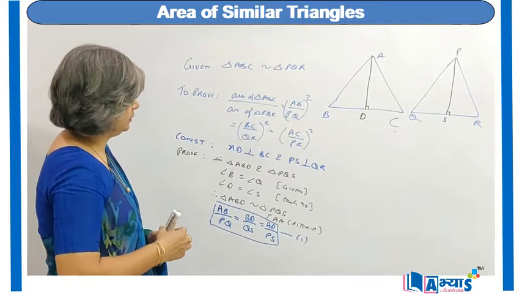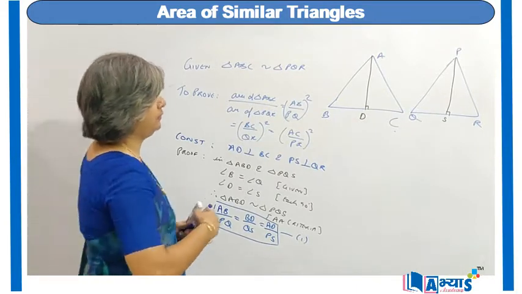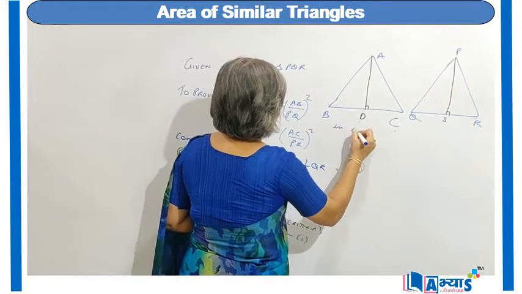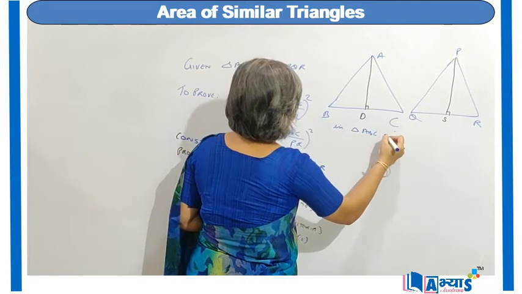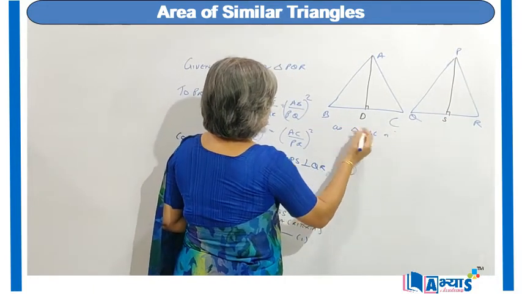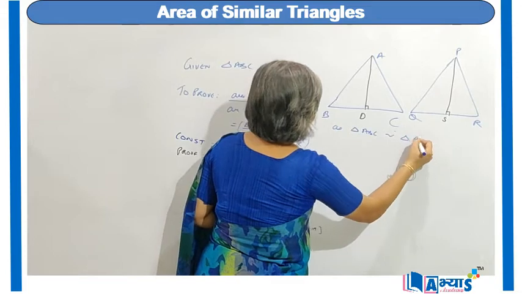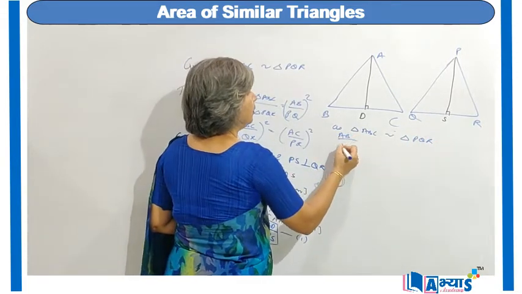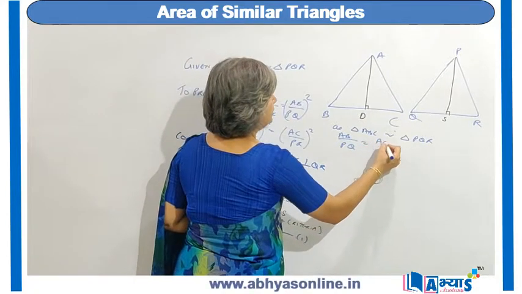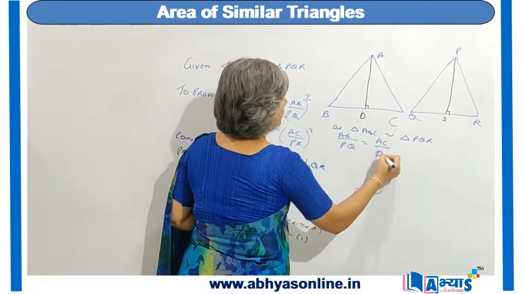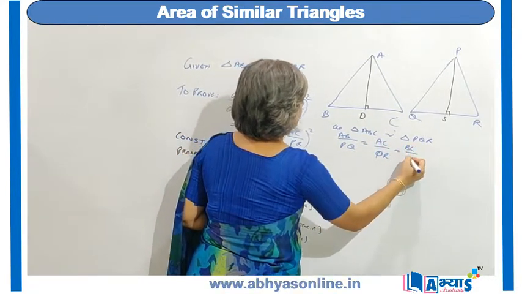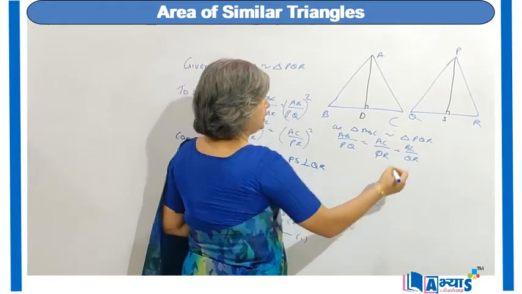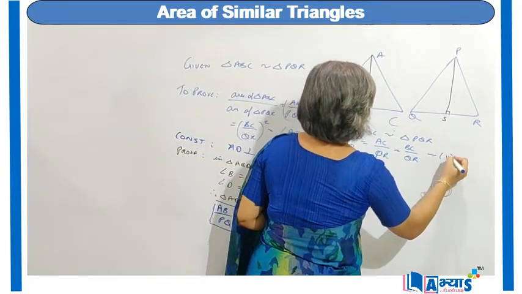We mark it as equation 1. In triangle ABC, as triangle ABC is similar to triangle PQR, we can say that AB upon PQ is equal to AC upon PR is equal to BC upon QR. Let us take it as equation 2.